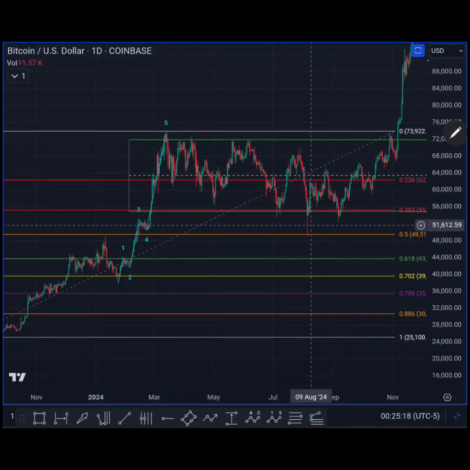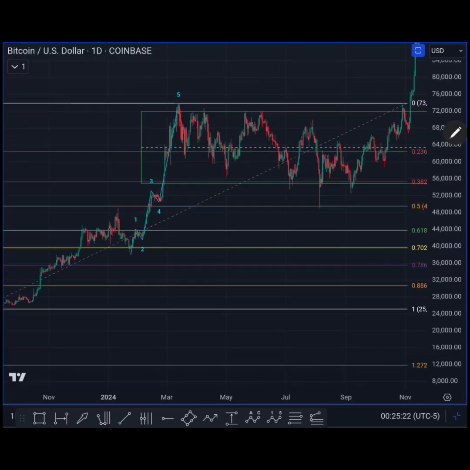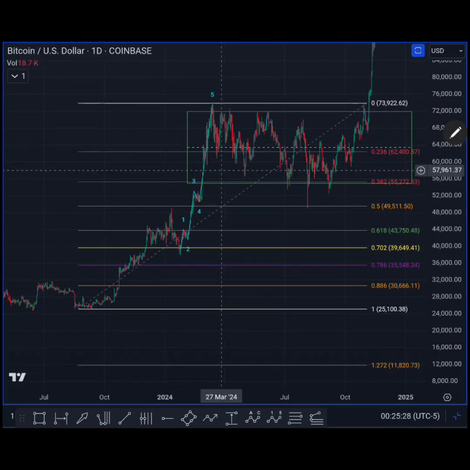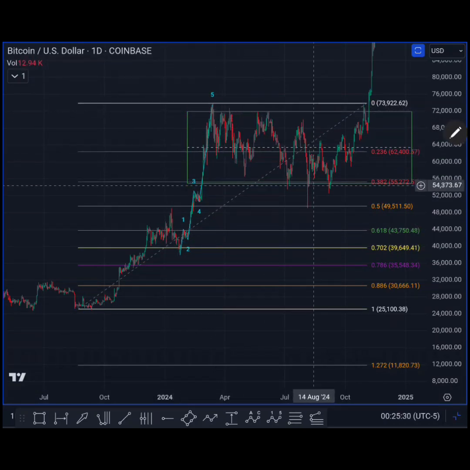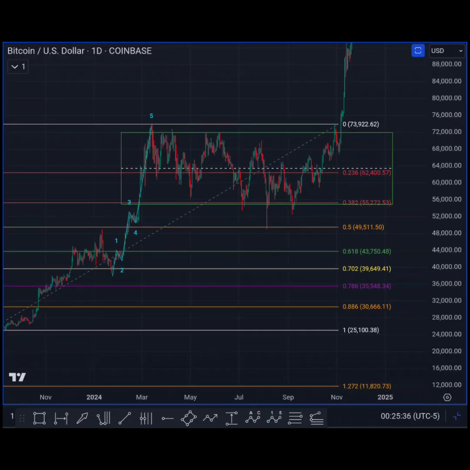And then wave 4 came back to wave 4 in a lesser degree. You kind of want it to come back to this wave 4, but seeing as it had an extended fifth wave, this retracement was adequate. And that's why you came to the 0.5 right at 49K there.